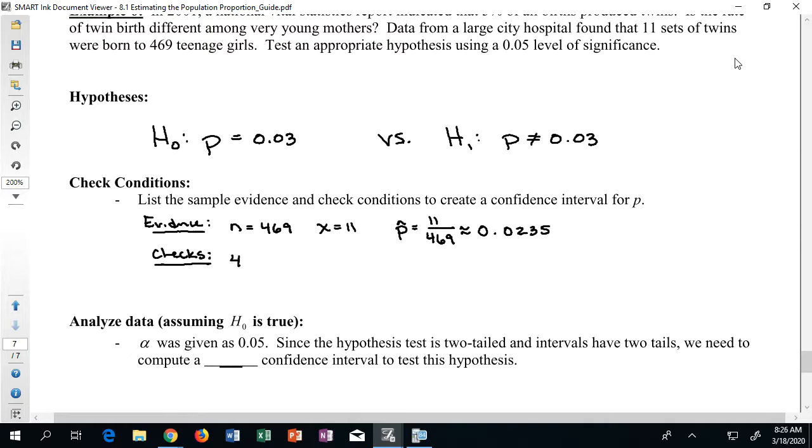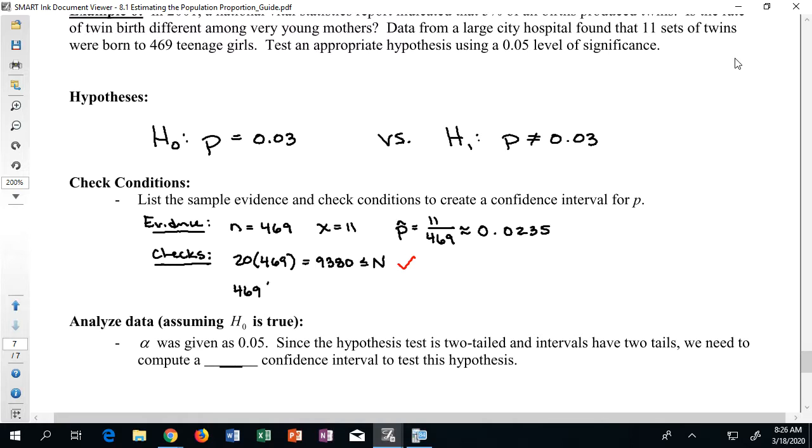So my first check is going to be 20 times 469. When I crunch that out, I get 9380. And I could ask, if there were 469 teenage mothers, are there more than 9,380 individuals that have been teenage mothers? Well, that seems very, very safe to assume.